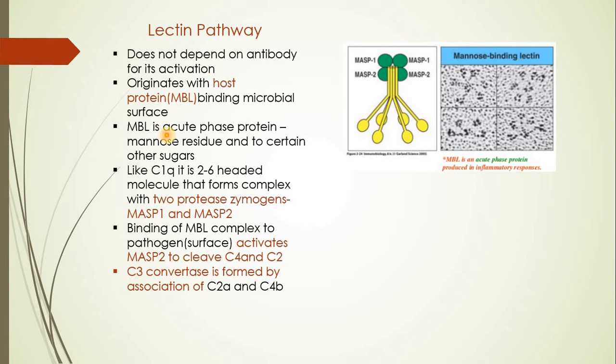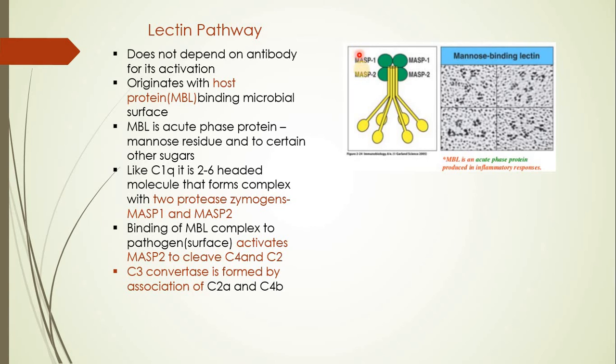So MBL is an acute phase protein which helps in binding with the mannose residue or to certain other sugar molecules, and like C1Q, it is also a 2 to 6 headed molecule that forms the complex with two protease zymogens, which are called as MASP1 and MASP2.